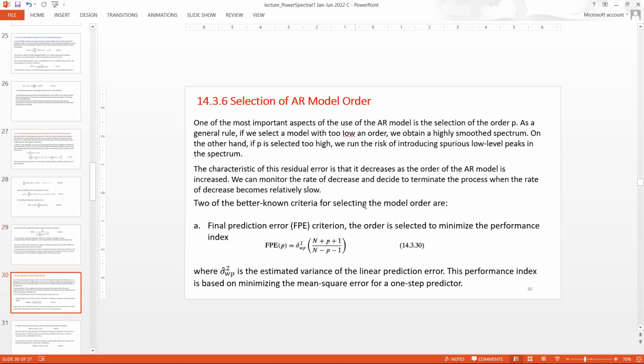Then we come to selection of AR model order. আমাদের AR মডেল যদি আমরা ব্যবহার করি তাহলে অর্ডার কত হওয়া উচিত?